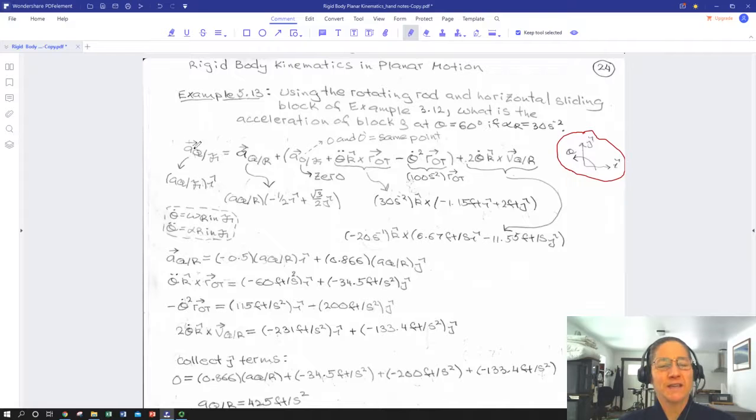So we can look at the acceleration of Q in the fixed reference frame as being the sum of the acceleration of Q with respect to the rod reference frame, which we don't know the magnitude of, but just as was the case in velocity, Q's going in a straight line up or down the rod. That's the only way that it can move, and it's the only way that it can accelerate. So we have a fixed direction for that, just as we did in the case of velocity.